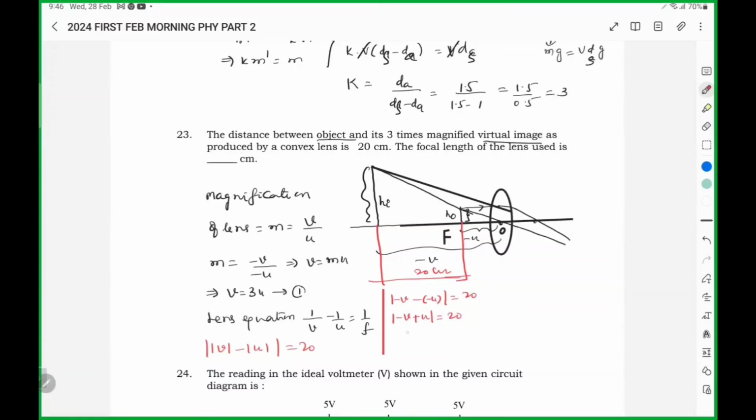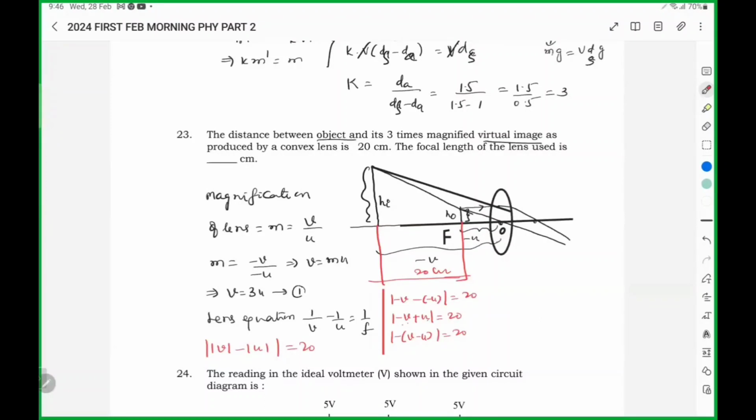So this one I can write as, here minus V is positive, U will be negative, and minus V is greater than minus U. So I will write here minus of V minus U is 20.